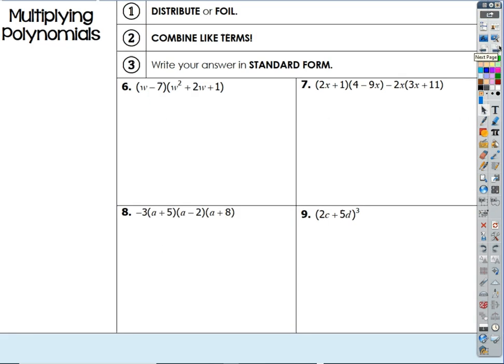What about multiplying? And you've done this. Multiplying's not hard, but you have to be careful when you're multiplying. What happens with multiplying? We're going to distribute. Let's just do this one, and maybe that one.